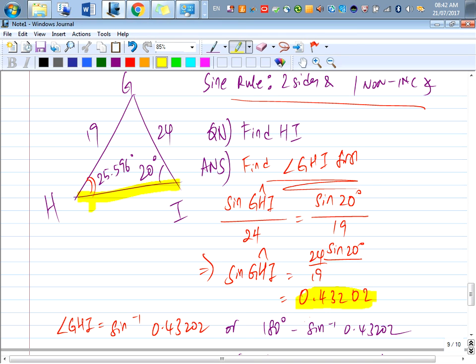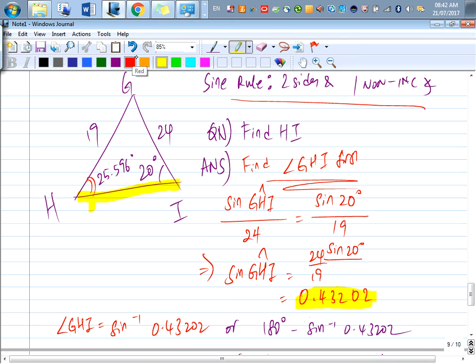Okay, now let us analyze this. I have two sides and two angles. Yeah, I have two angles, right? So actually I can find HGI. Because I have two angles in a triangle already, I can find the third angle.